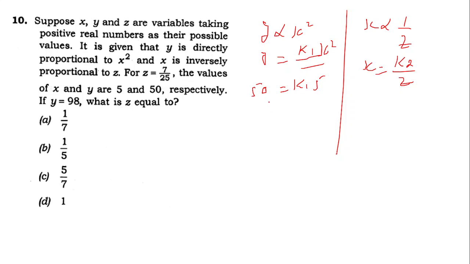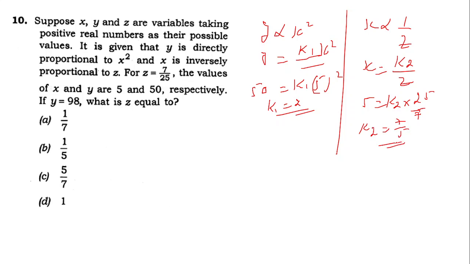Okay, so k1 becomes 5 square, so this is 25 by 50. k1 becomes 2. Now on this side, this is 5. Here we have k2. So z is 7 by 25. So reverse means 25 by 7. So 5 gets cancelled. So k2 becomes 7 by 5.